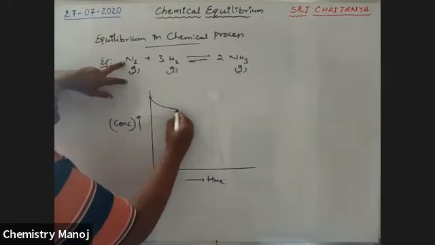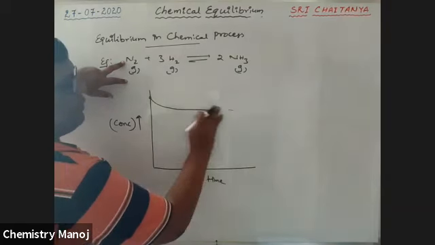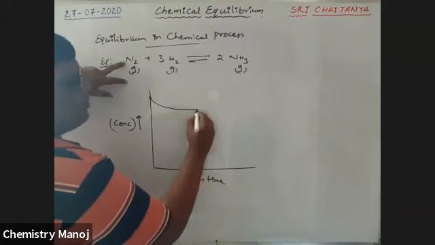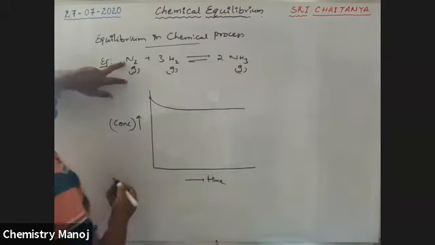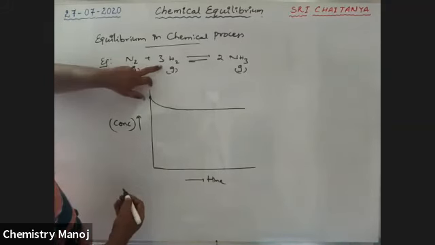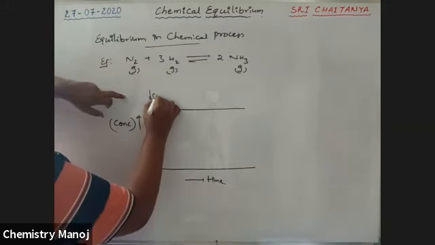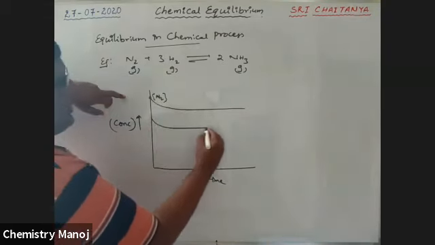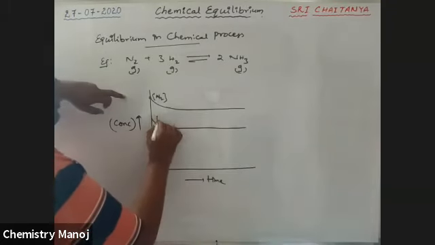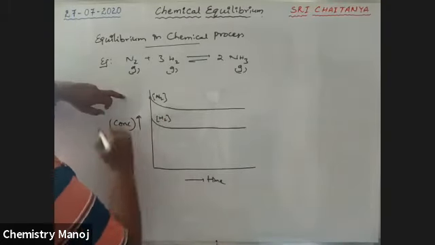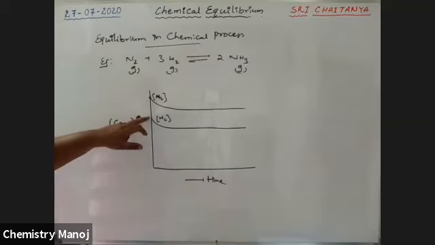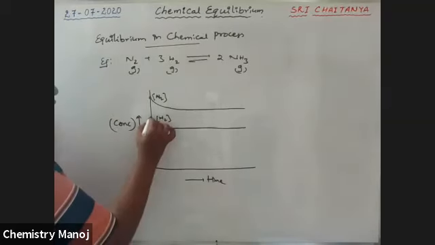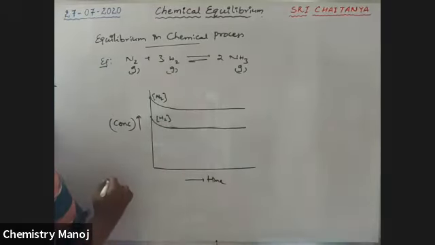Slowly the concentration of nitrogen decreases and reaches a constant. And this is the concentration of hydrogen. At the beginning it is high, and after some time it becomes constant.